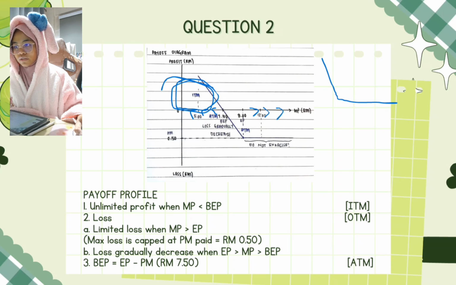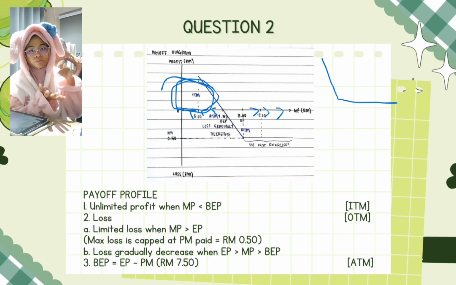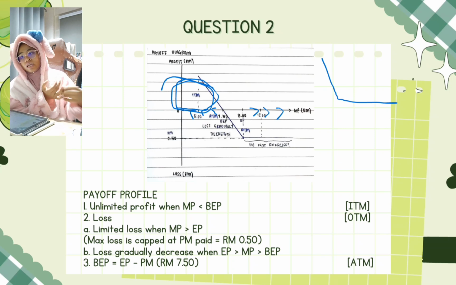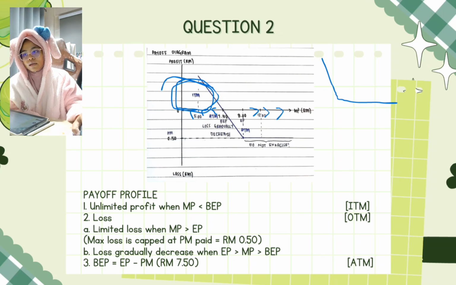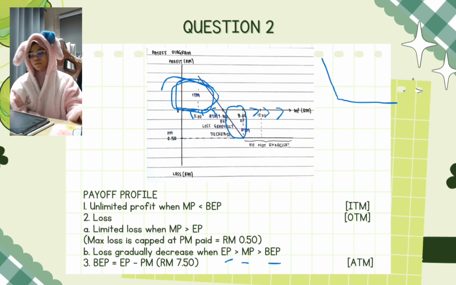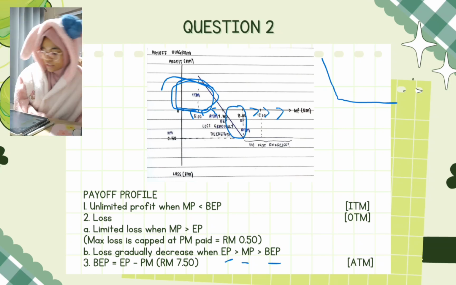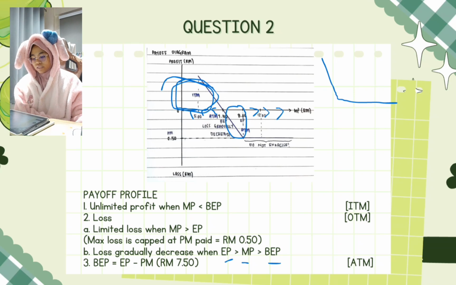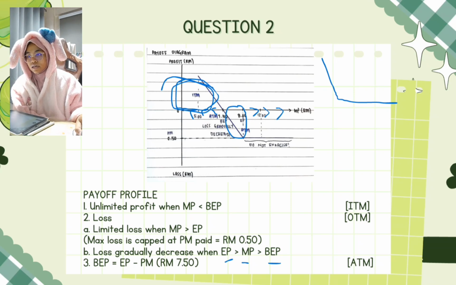This is limited loss. So max loss is capped at premium paid, which is 50 cents, and loss will gradually decrease when EP is higher than MP, which is higher than BEP. This is the area of EP higher than MP higher than BEP. So we have ITM, we have OTM. Now the ATM is the BEP, which is 7 ringgit 50 cents.